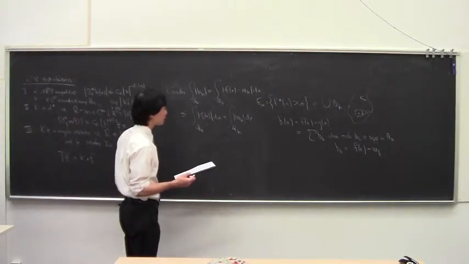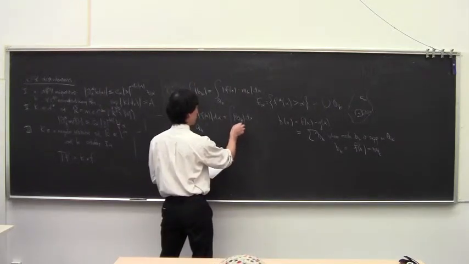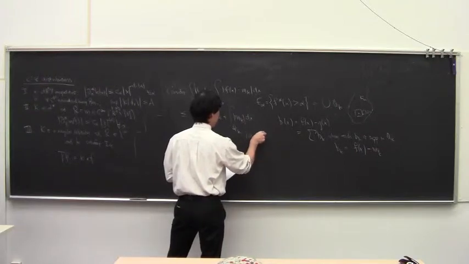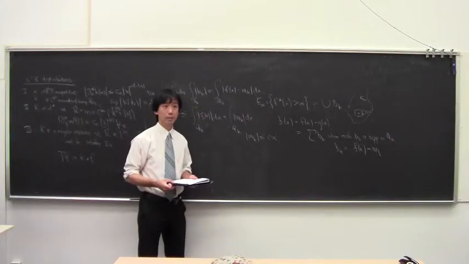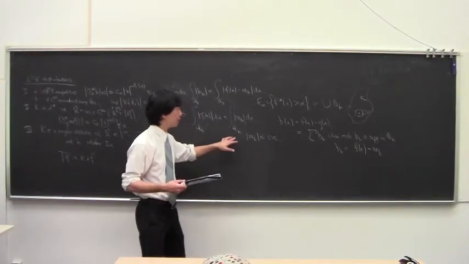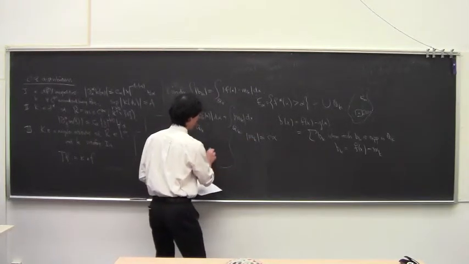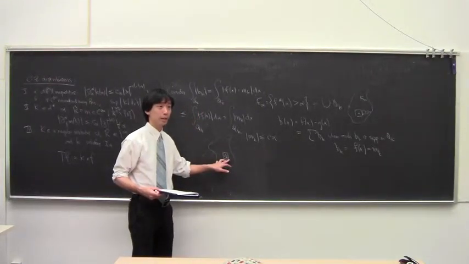We already showed in the last lecture that this thing is controlled by C alpha. You remember how we did it? You have this Q_k, and you're averaging the function over here.